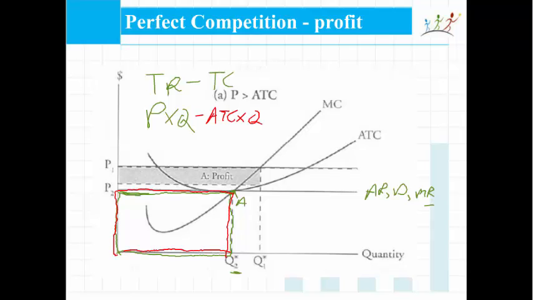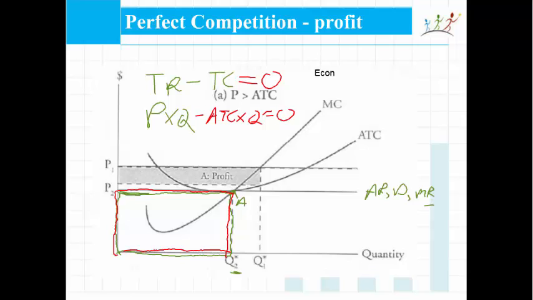It will be the average total cost into Q. It will be the same as this area. So what is the profit if the price is at the level of P2? It will be 0.